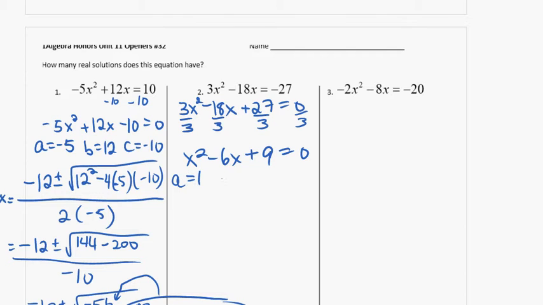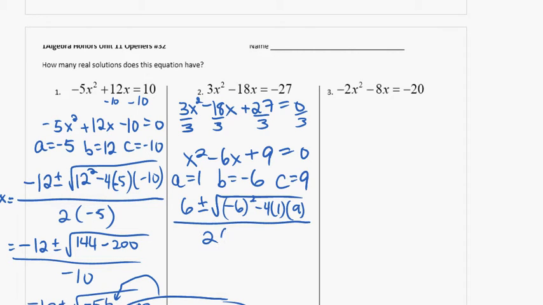So a is 1, b is negative 6, c is 9. So minus b, which is positive 6, plus and minus the square root of b squared minus 4 times a times c, all over 2a, is equal to x. So that's 6 plus and minus the square root of 36 minus 36, all over 2.